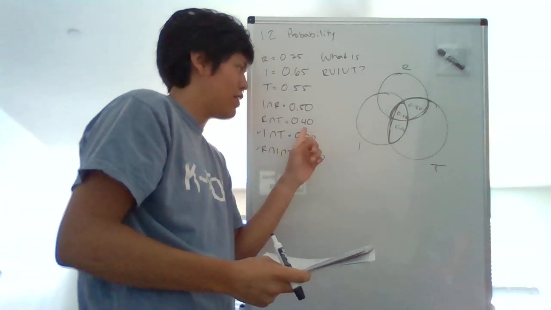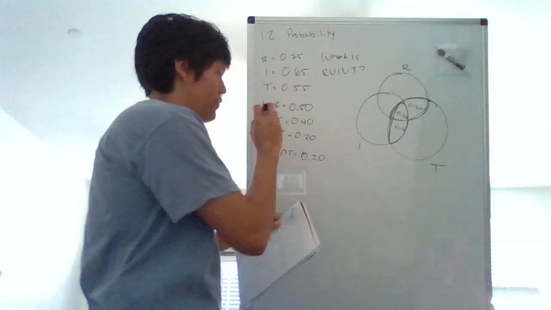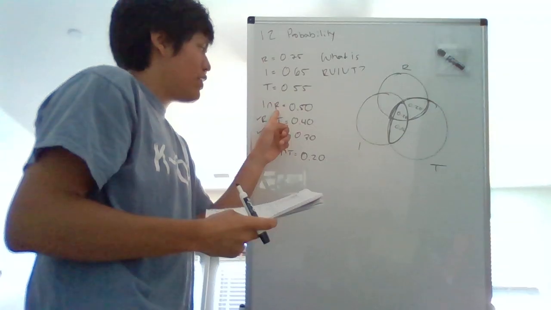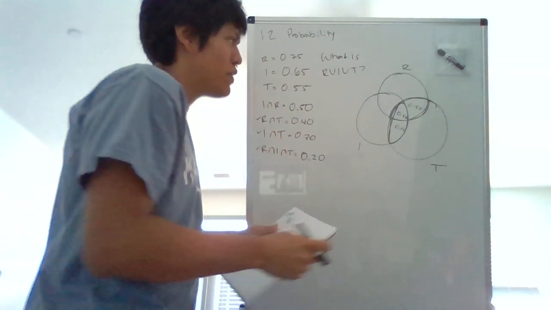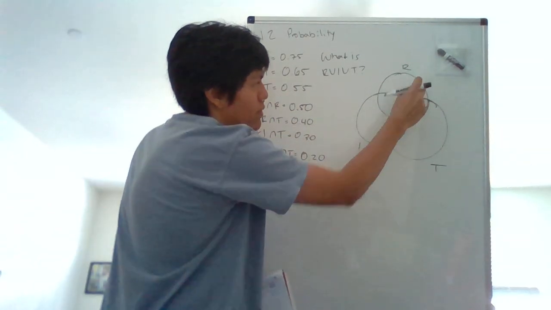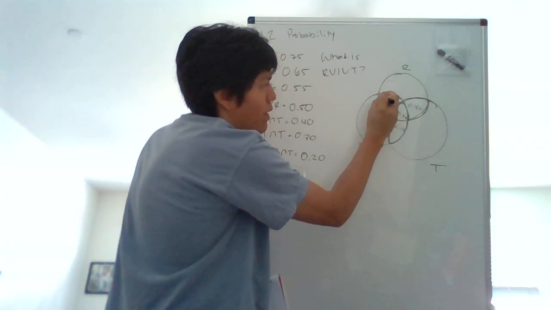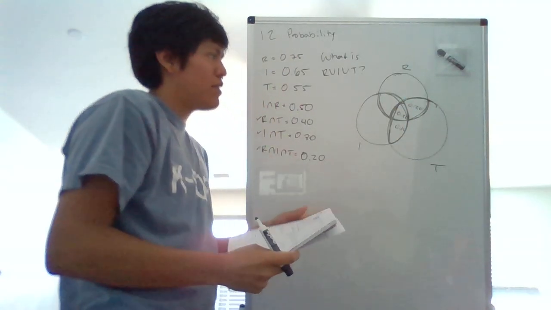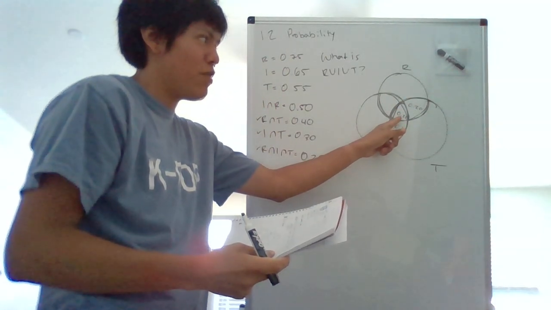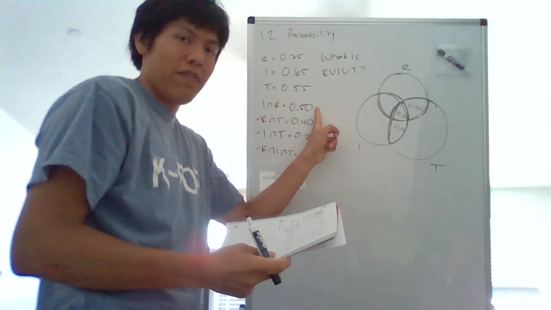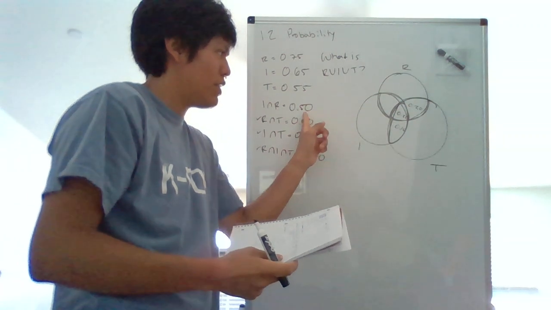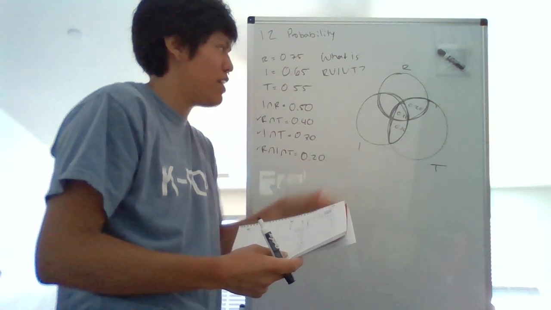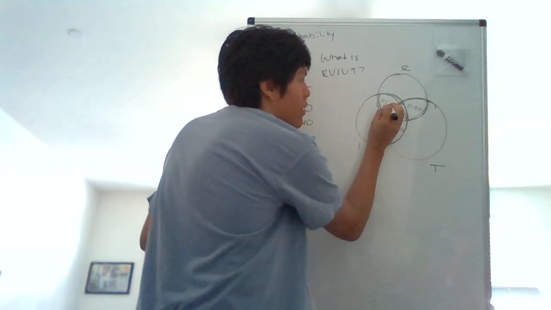You add those two together, we get 0.40. Perfect. All right. Irons and radios is 0.50. Irons, radios, you look where they overlap, that is this section right here. So again, that innermost section, 0.20, we're given that that section is 0.50, so this remaining area right here, 0.30.